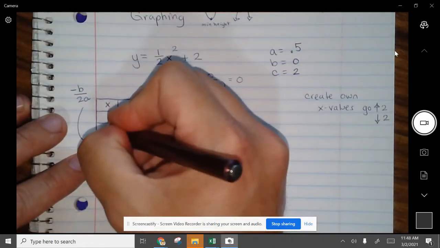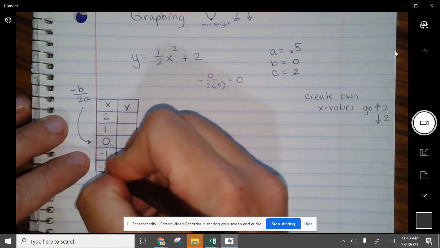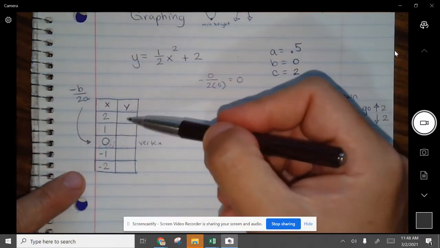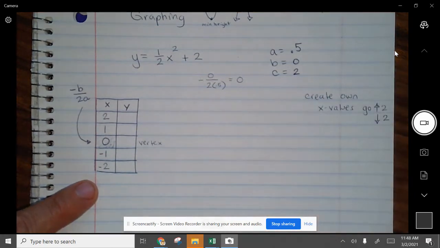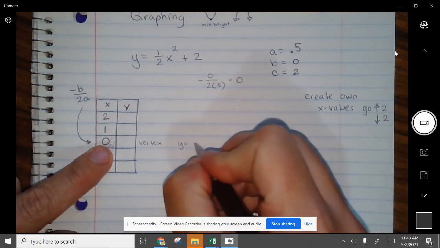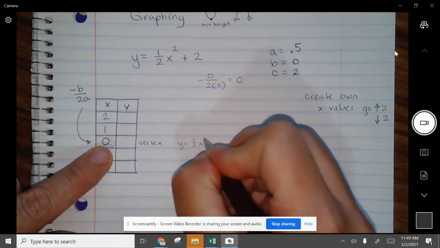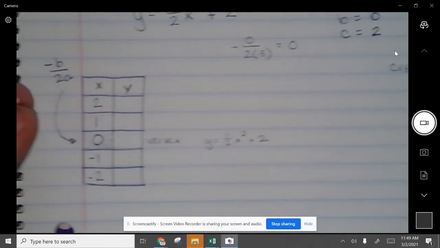So if I go up 2, I'm going to go 1, 2, and this one's going to be negative 1, negative 2. And we've talked about how this is going to equal this, the same thing. But we'll go ahead and go through this. If x is 0, now we're going to plug it into the equation. It's pretty easy to see when you have a 0 involved.